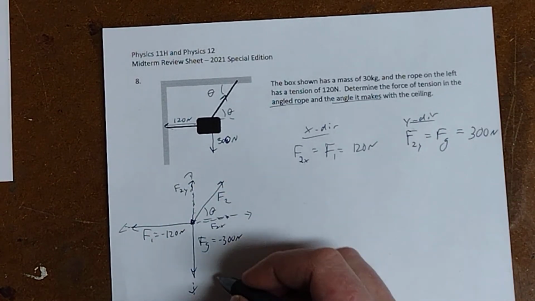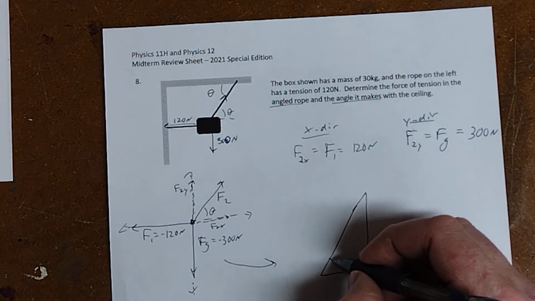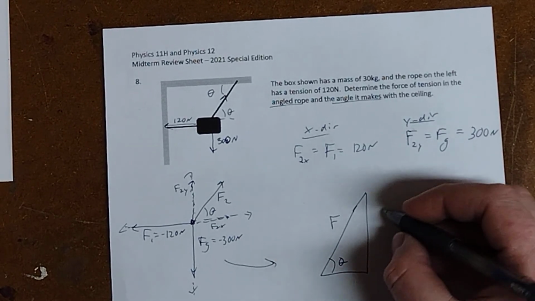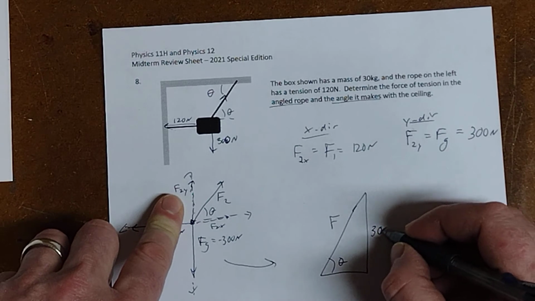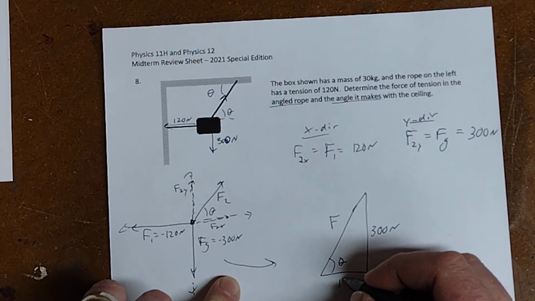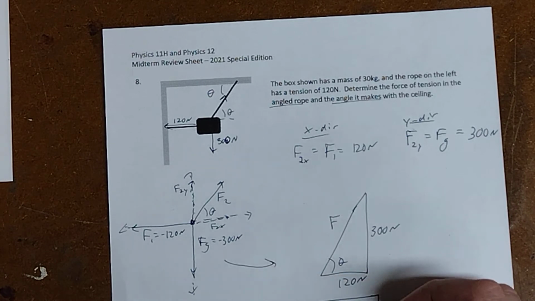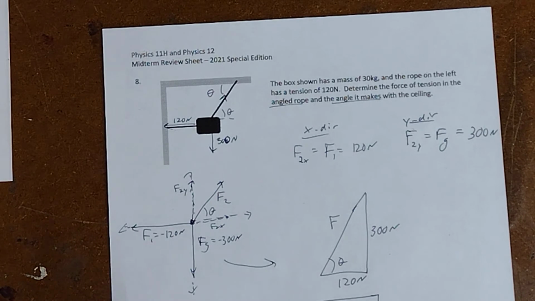So we look at our triangle here now. We're looking for theta and F, right? We know the opposite side here has to be F2y, which is 300 newtons. F2x has to be 120 newtons, right? So F has to equal the square root of 120 squared plus 300 squared.